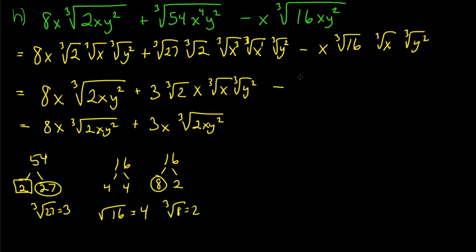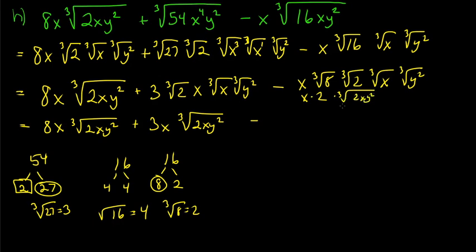So we split this up as x times the cube root of 8 times the cube root of 2, cube root of x, cube root of y squared. So you can see it was not necessary to split all this up here. You're just going to have the x in front times 2 times cube root of 2xy squared. So x times 2 is 2 times x, cube root of 2xy squared.